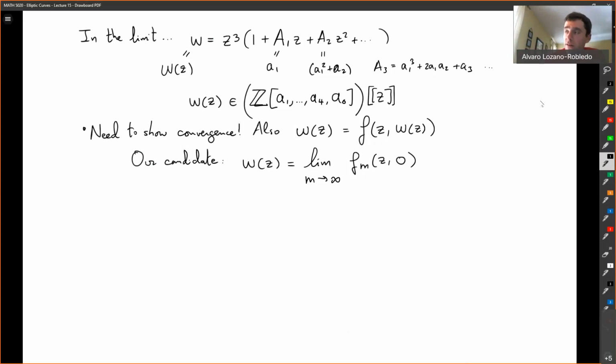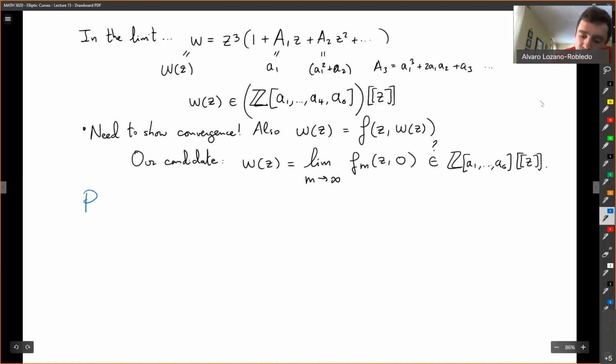So I want to show that this thing is in the power series ring with coefficients generated over the integers by A1 through A6, and power series in Z. That is what this result is going to say.